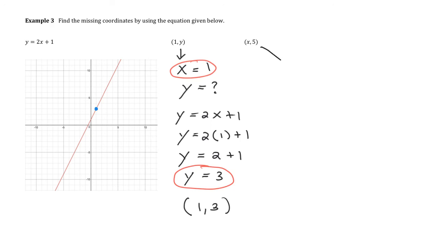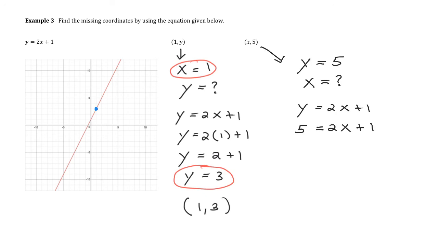If we look at this one, I now know what y is equal to. That's the given information, but x, I don't know what that is equal to. I'm still going to use my equation y = 2x + 1 to figure out what x equals. I'm going to put 5 in place of y, and then I'm just going to leave 2x + 1 alone.